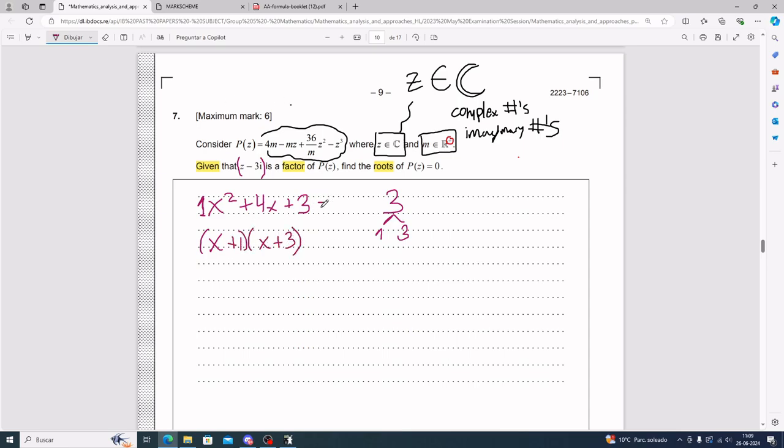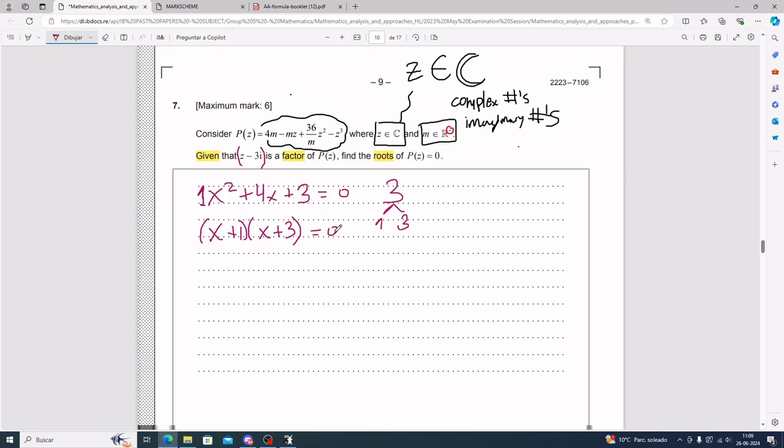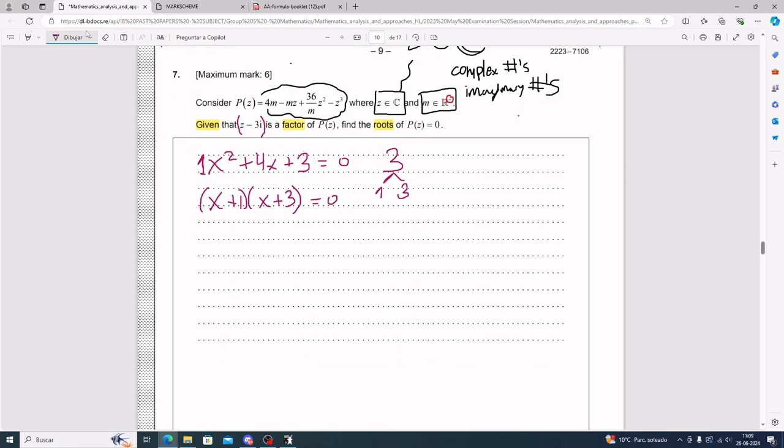And you would solve this by equaling it to 0 and saying, okay, because these two things are multiplying and this equals 0, either the one on the left is 0 or the one on the right is 0, or both. Because if you have a times b equals 0, you know for a fact that either a equals 0 or b equals 0.